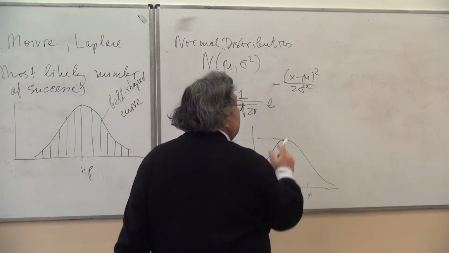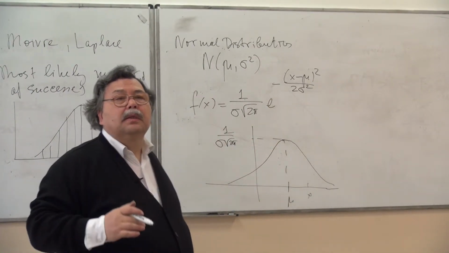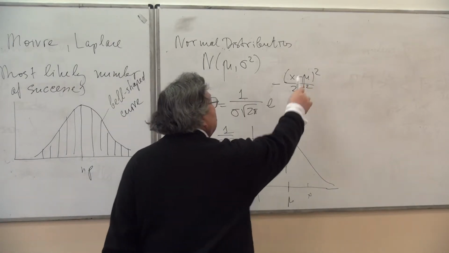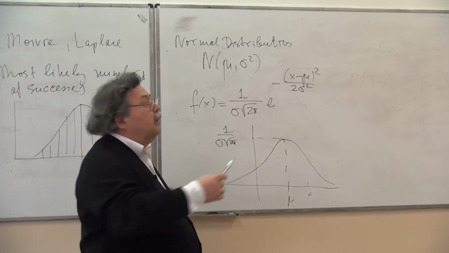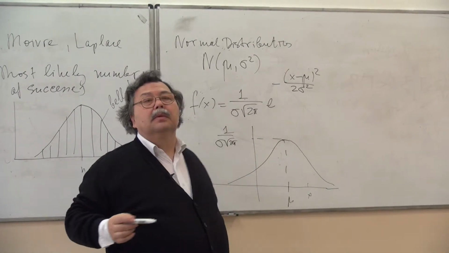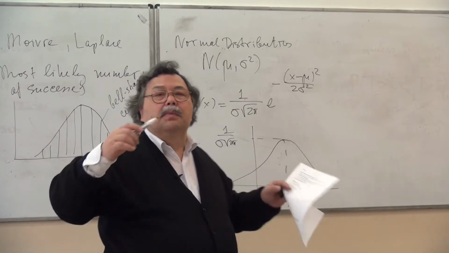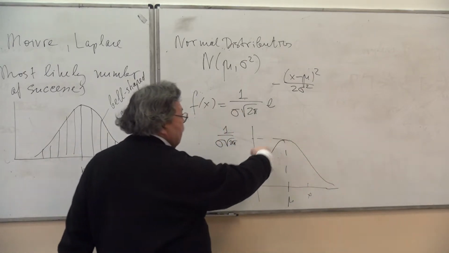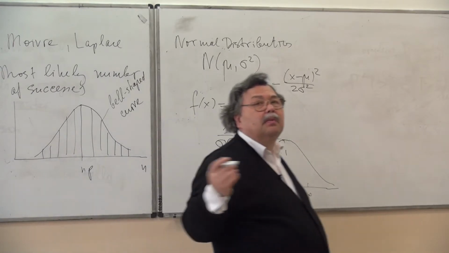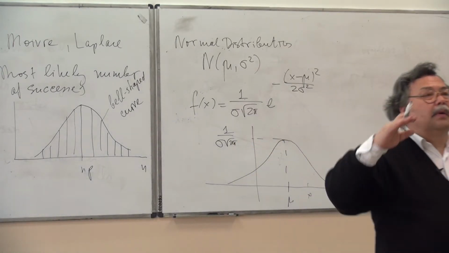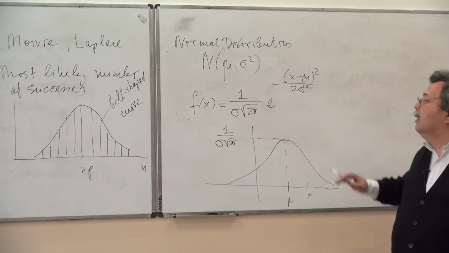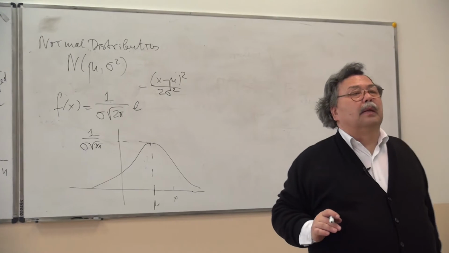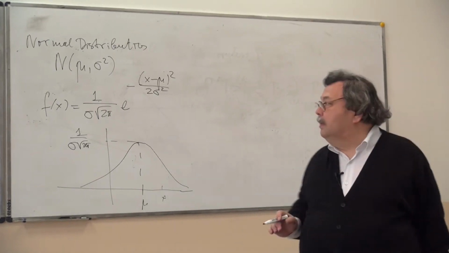When x moves to the right or to the left from mu, x minus mu squared becomes positive, and including this minus, we conclude that this exponential is less than 1. So we have a decreasing. If we shift from mu to the right or to the left, the value of the function is decreasing, always remaining positive, which is a necessary requirement for any probability density function.